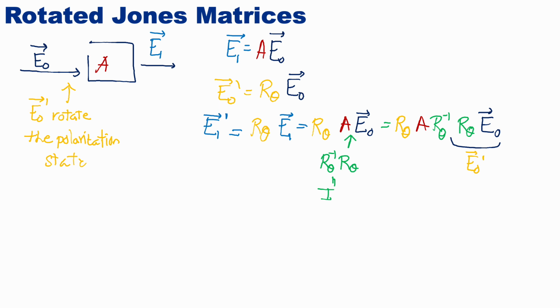So at the end of the day, our rotated output is going to be our Jones matrix sandwiched by the multiplication of the rotation matrix, and then here we have our rotated input.